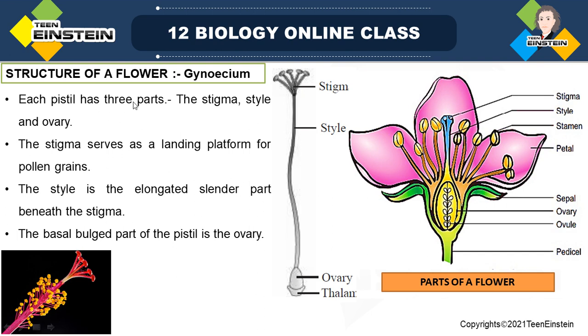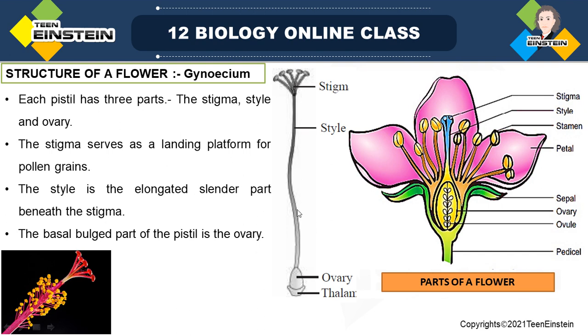So each pistil has three parts: the stigma, style and ovary. The stigma serves as a landing platform for the pollen grain. And the style is the elongated slender part beneath the stigma. You can see the style here.